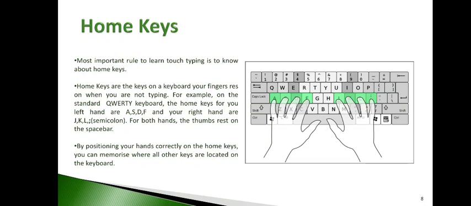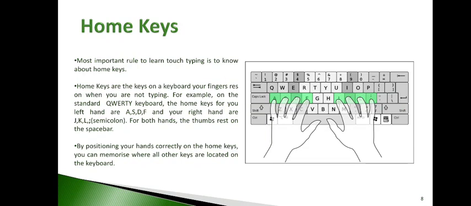For example, on the standard QWERTY keyboard, the home keys for your left hand are ASDF. Now you see in the picture, your left hand fingers are on ASDF and your right hand on JKL semicolon. See in the picture also, JKL semicolon.